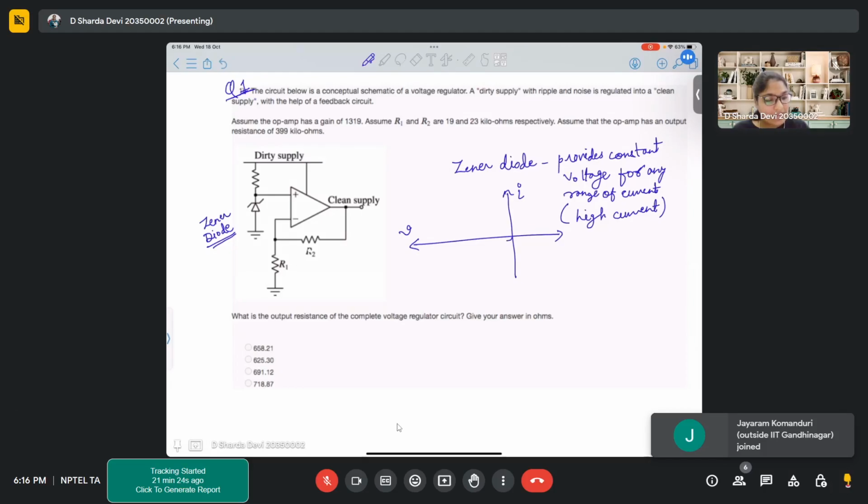It starts with a very low voltage, then it breaks down at this voltage of, let's say, Vx. It is actually a very sharp breakdown over here.